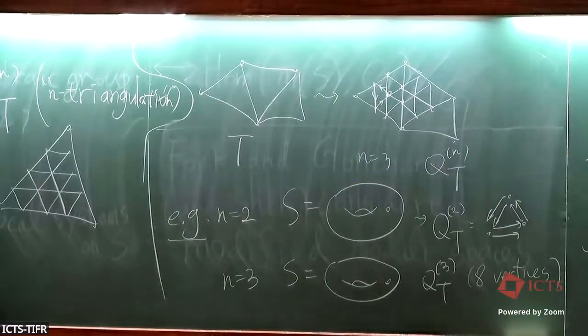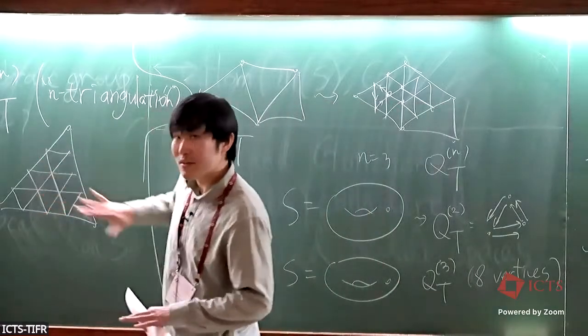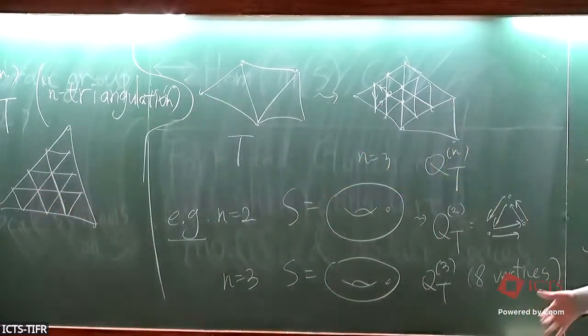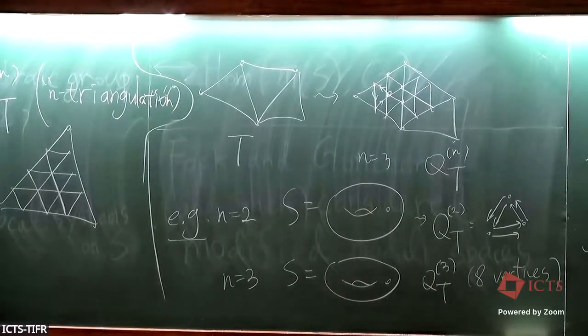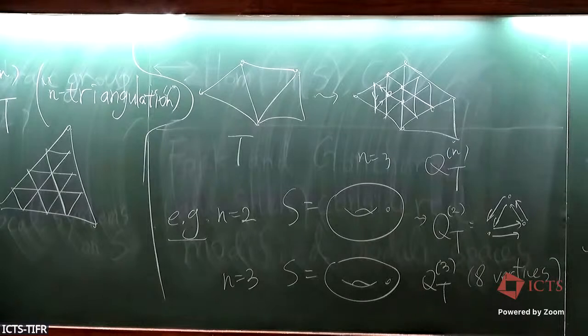So it's sort of a graph that's drawn on the surface, on this punctured surface. But of course, you can take the combinatorics only. So I just defined some special quiver after I chose an ideal triangulation.